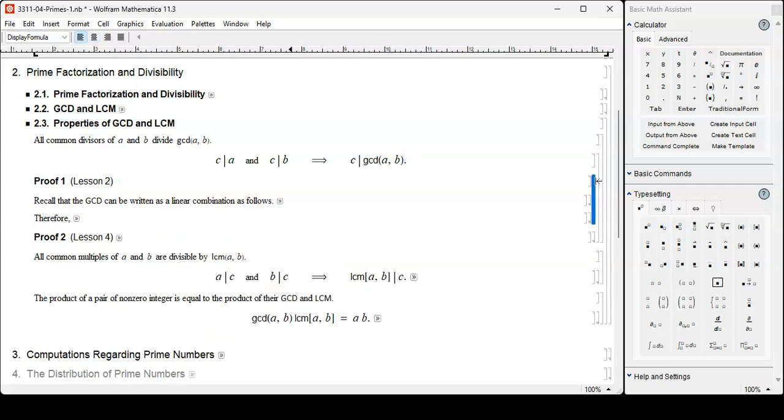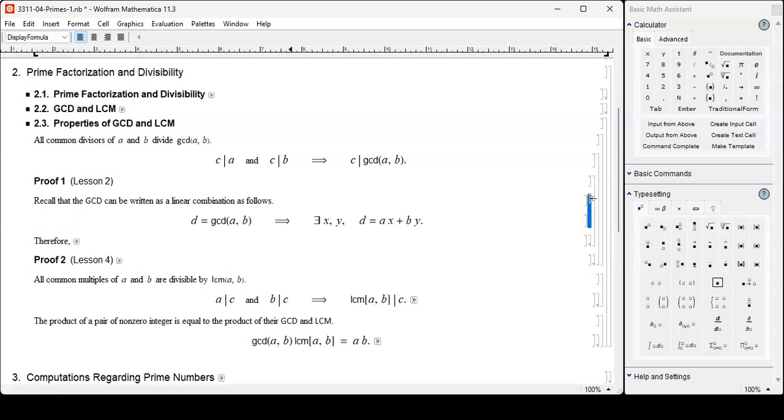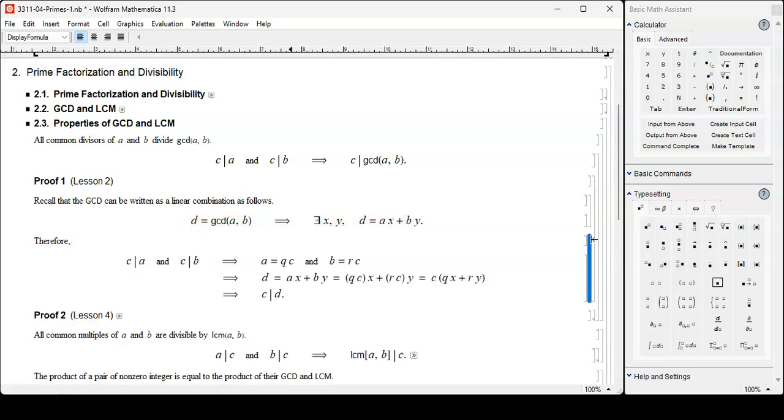And in lesson 2, we proved this using the linear combination expression. Common divisor c divides a and also divides b. So factor it out, we say d is divisible by c. c times some integer is d. That's what we did in lesson 2.